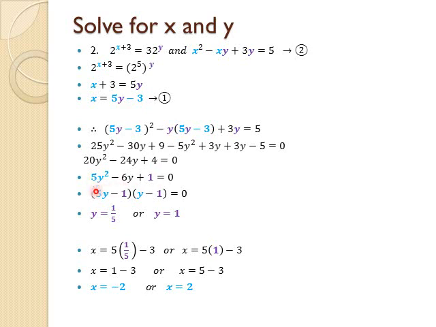5 is a prime number, so it can only be 5y times y. 1 can only be 1 times 1. But because the last term is positive and the middle term negative, the signs will always read negative, negative in brackets. So they have minus 1y, minus 5y, which then gives me negative 6y.